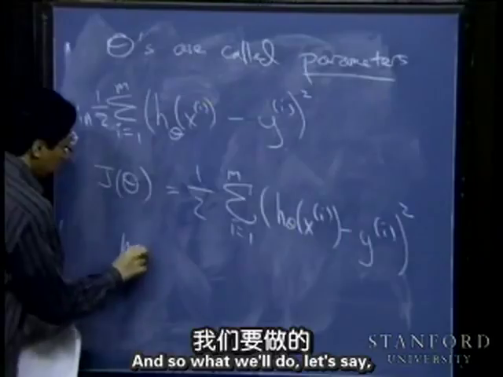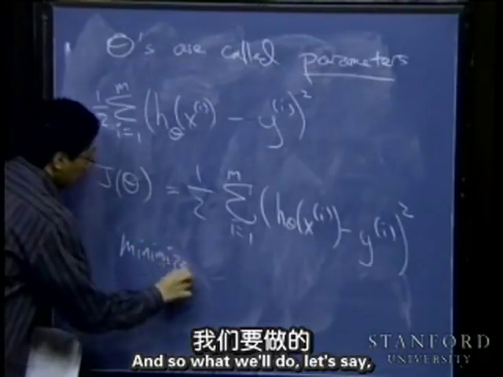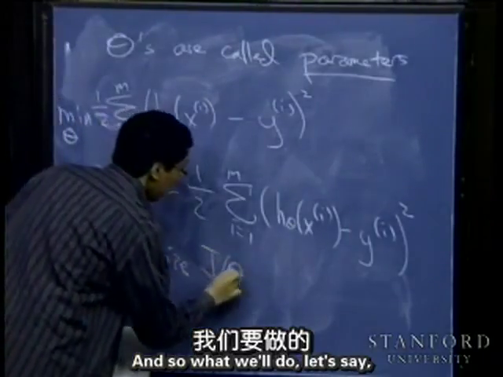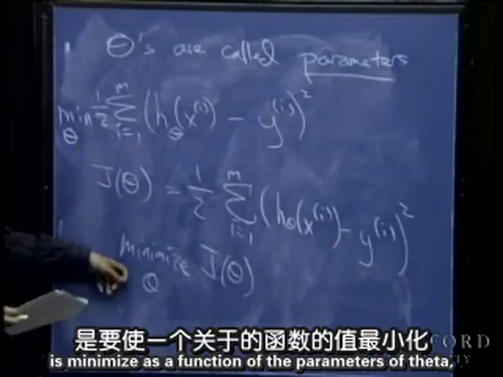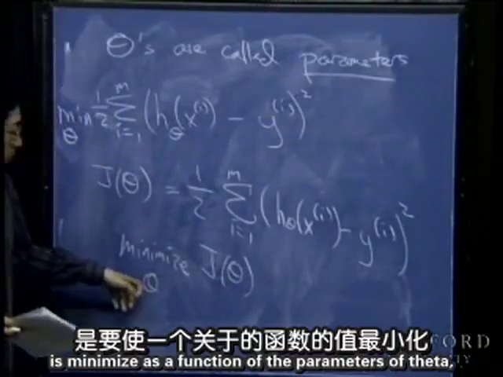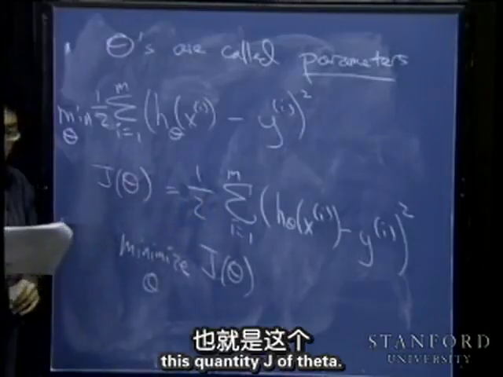And so what we'll do is minimize, as a function of the parameters theta, this quantity J of theta.